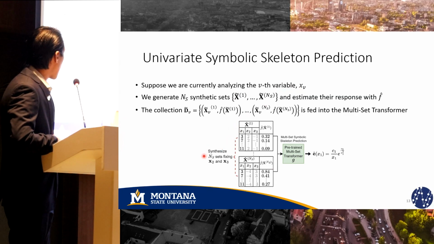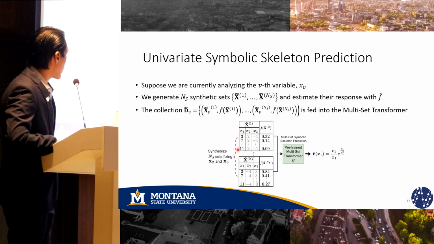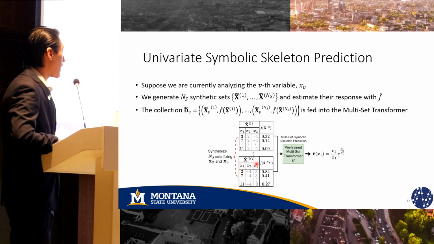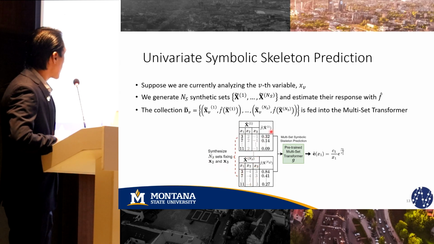We want to synthesize multiple sets by fixing the values of the remaining variables, in this case x2 and x3. So here x1 is allowed to vary, while the other variables are fixed to random values that are going to be different each time. In that way, we're generating multiple synthetic sets. And the estimated response of each set is calculated using the neural network that we trained before.